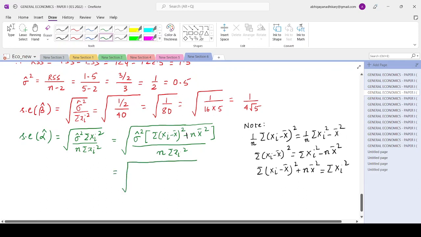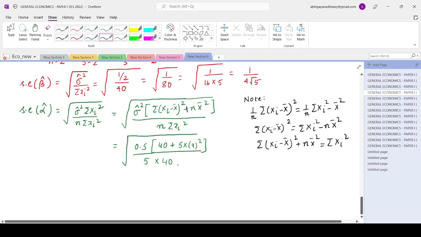Sigma hat square is basically coming to be 0.5. Summation capital Xi minus x bar whole square is 40, plus n is 5 and x bar is 4, so 4 square, divided by n which is 5 and summation small xi square which is again 40. So you basically have the square root of 0.5 times 40 plus 16 into 5, which is 80.